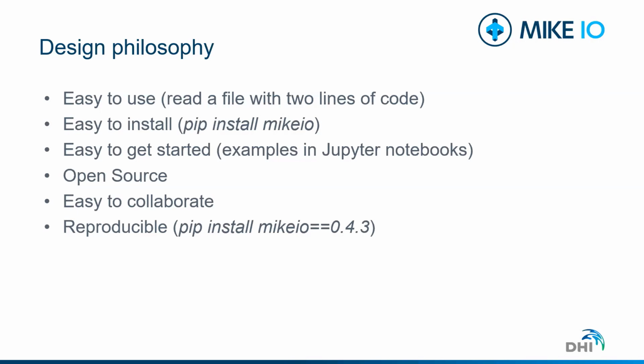So if you deploy an operational service, you want to copy that to another server, you want to be able to install exactly the same version of the library. And so that's why we have versioned releases, so you can install a historical version and get exactly the same behavior. It should be easy access to new features. So you can choose to install the latest released version, but you can also install the latest version directly from GitHub.